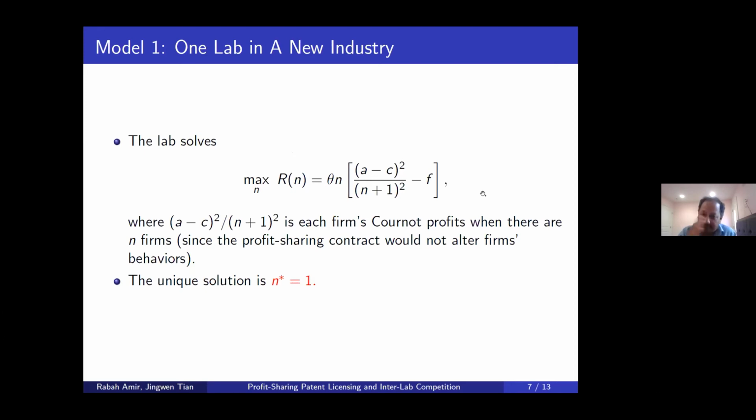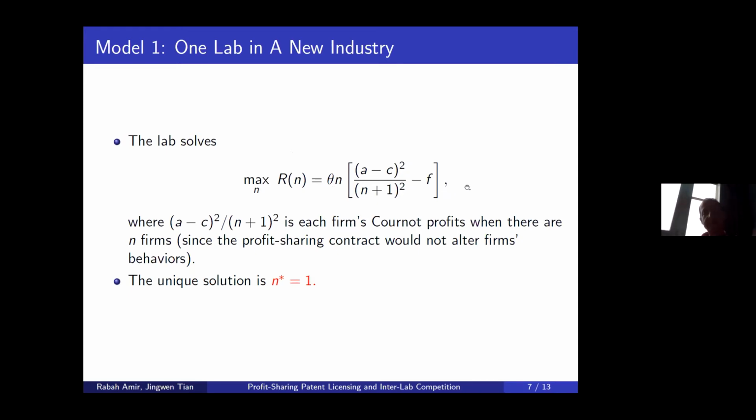In this case, the innovator pays to train the particular firm to be part of that lab. That's right. So what the lab gets is exactly what's written here: theta times the total profit of the number of firms it allows in, N times the per-firm profit.